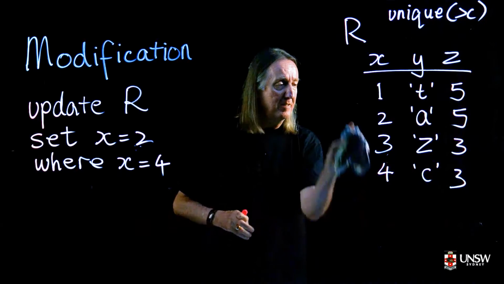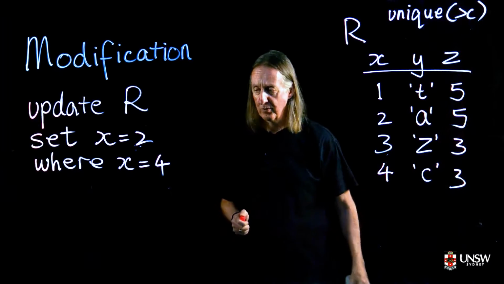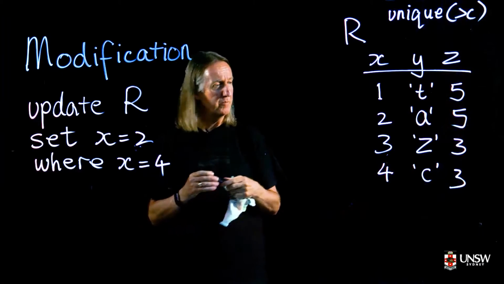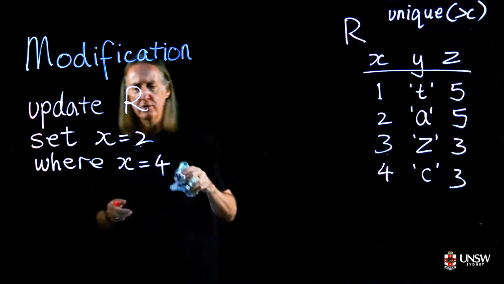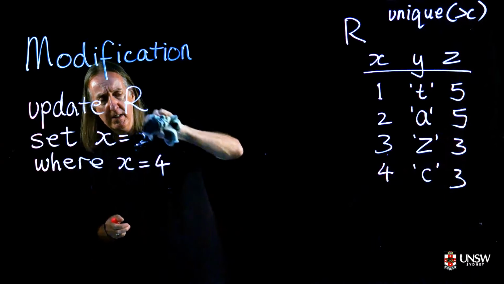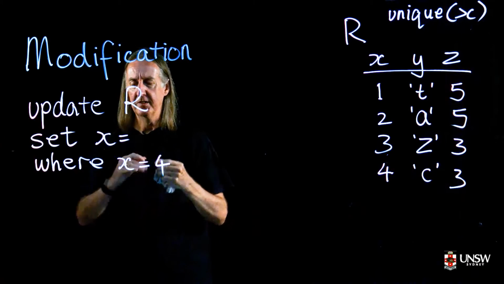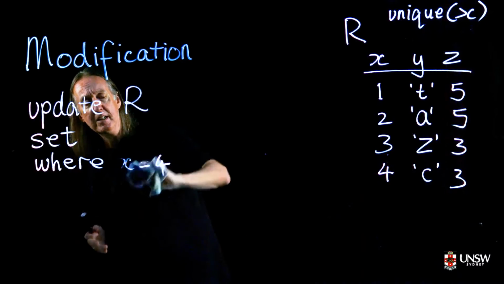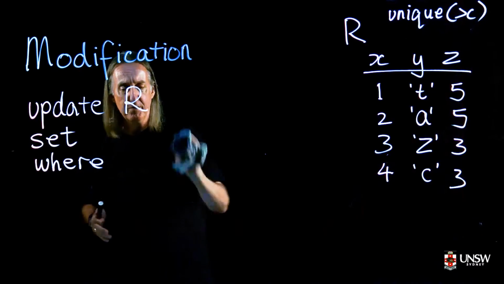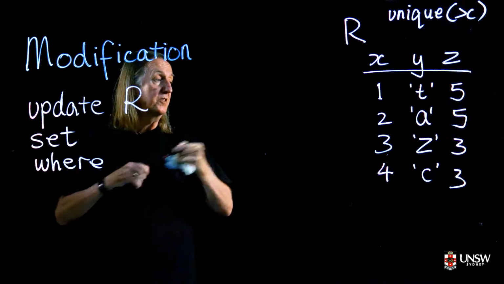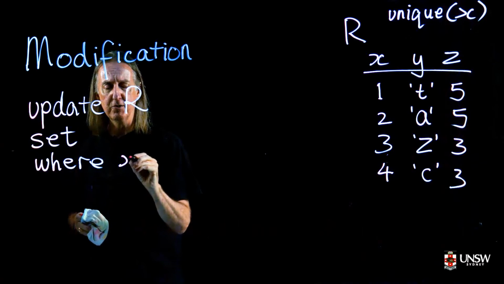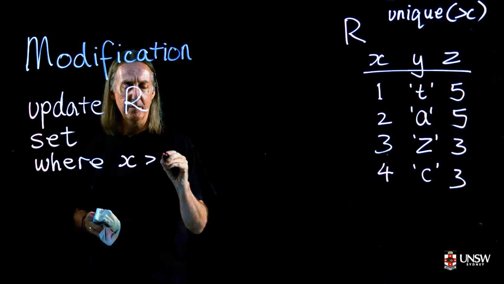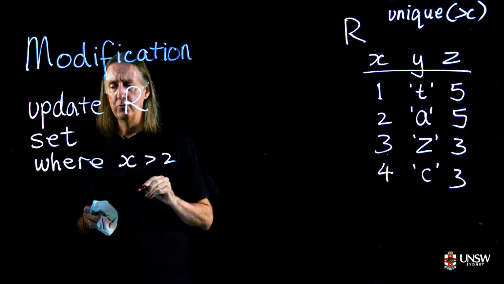All right, now you can modify multiple tuples at the same time. So what I could do is say set the z value. Let's change the whole thing. So I want to identify a group of tuples. So let's say we're only interested in changing the tuples where x is greater than 2.